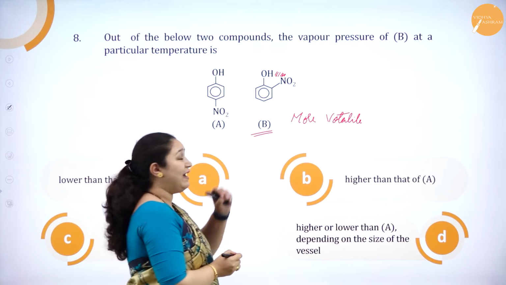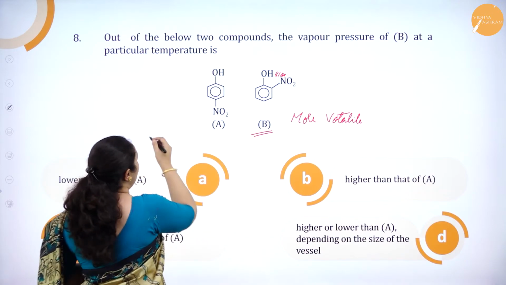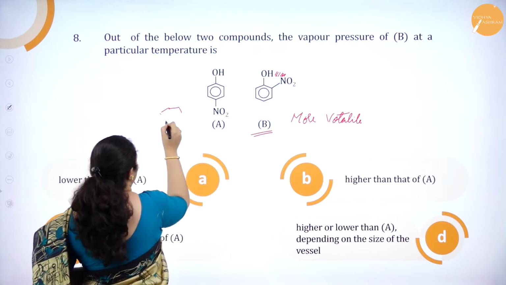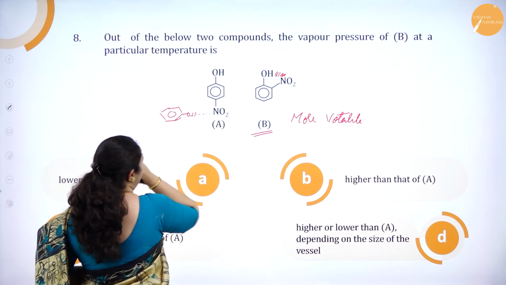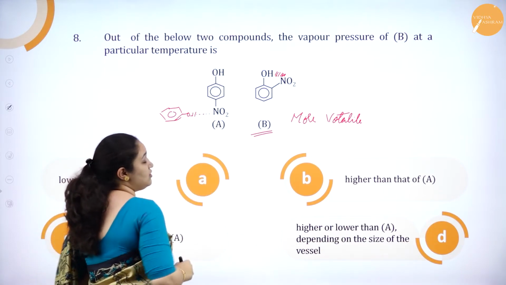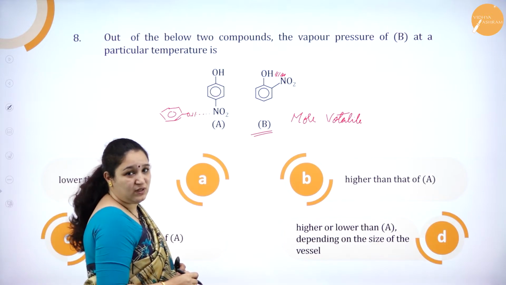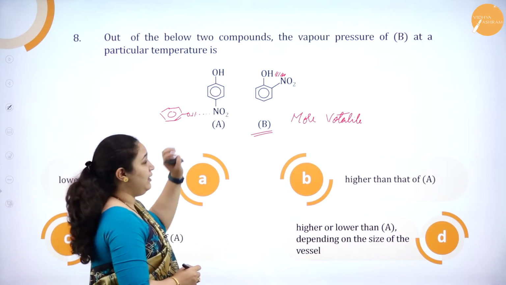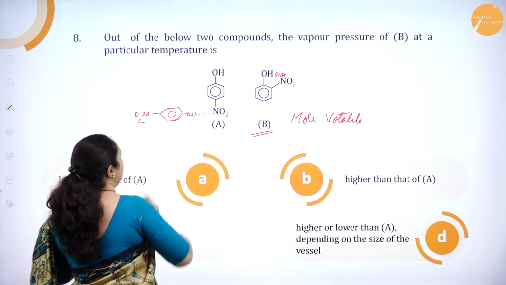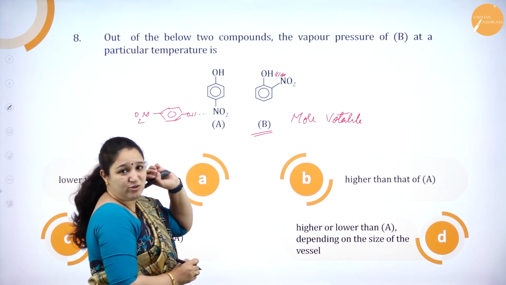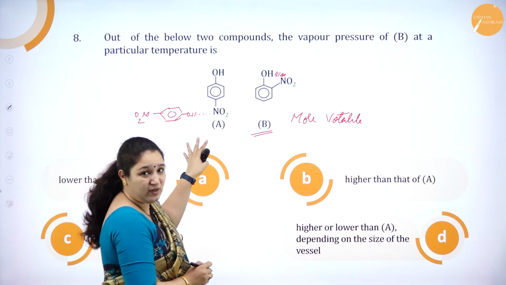Whereas here you have paranitrophenol. Paranitrophenol, if you see, this one more molecule and here there will be hydrogen bonding. Of course, hydrogen bonding I should show clearly. Okay. So there will be hydrogen bonding. NO2 group is there. So intermolecular hydrogen bonding will be there. This is less volatile.